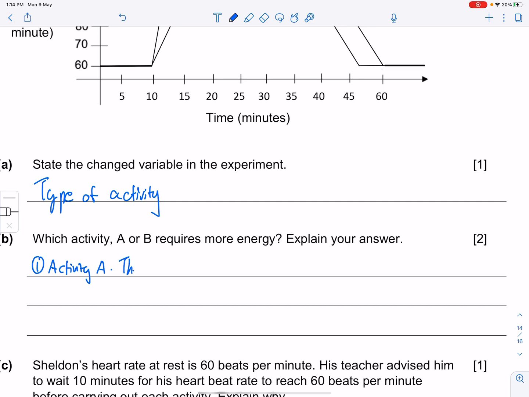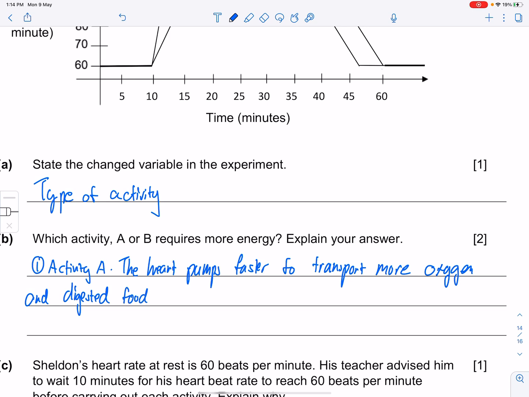The heart pumps faster to transport more oxygen and digested food to muscle cells. Once again, this is the 1 point together.